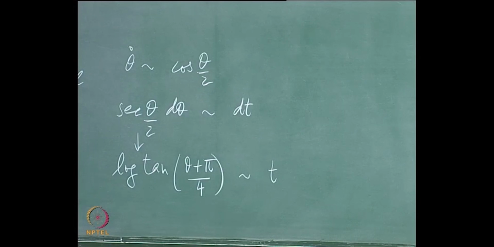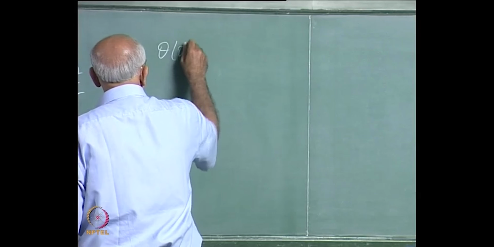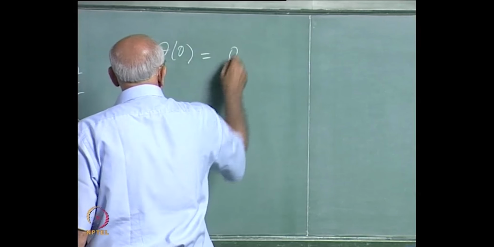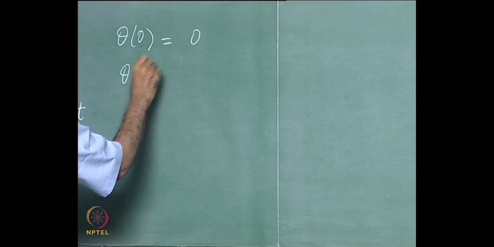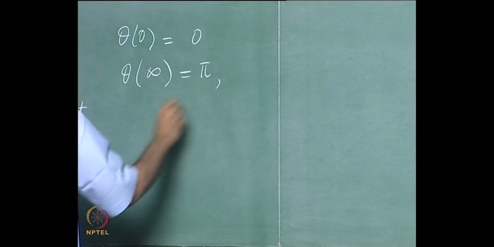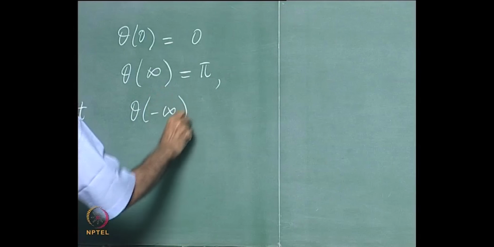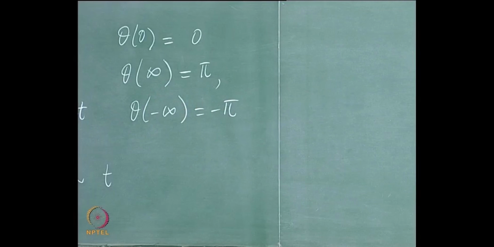If you sketch that solution as a function of t, then you discover that on that solution theta of 0, we took this to be equal to 0, theta of infinity was equal to pi, theta of minus infinity was equal to minus pi.